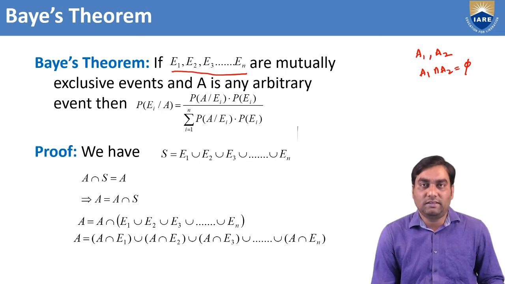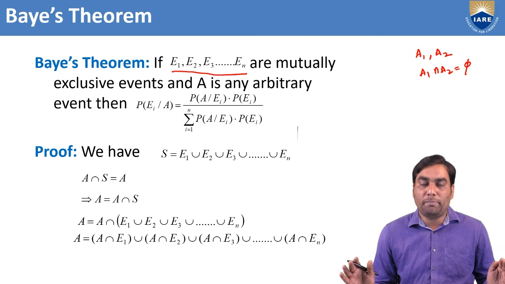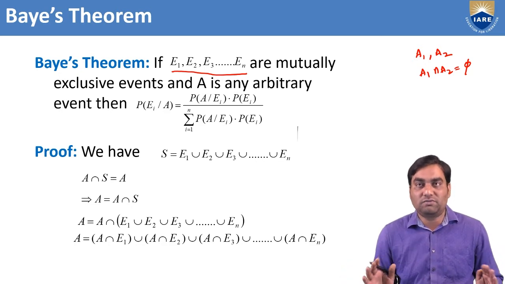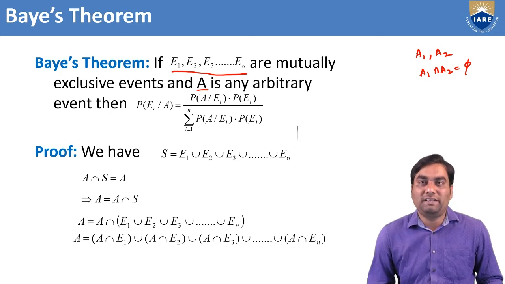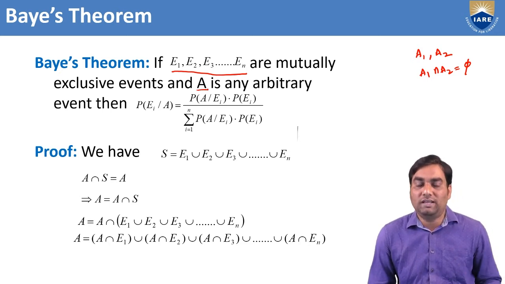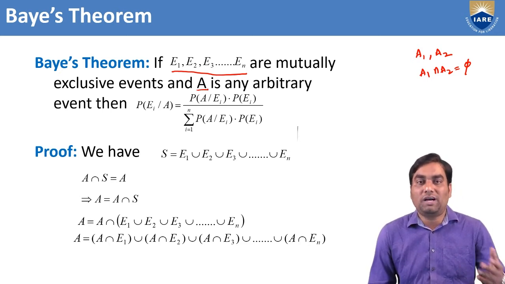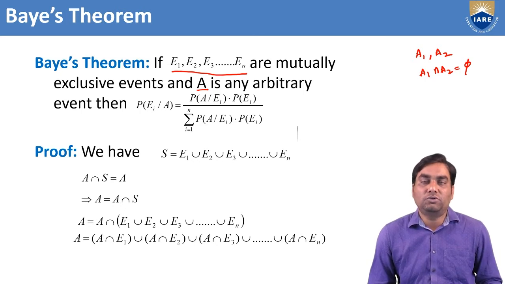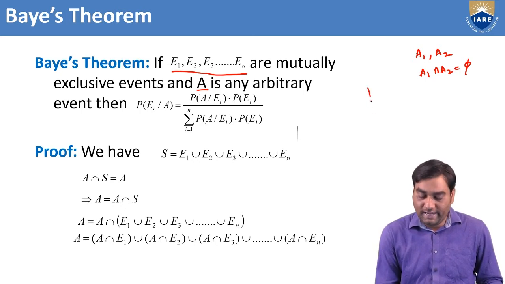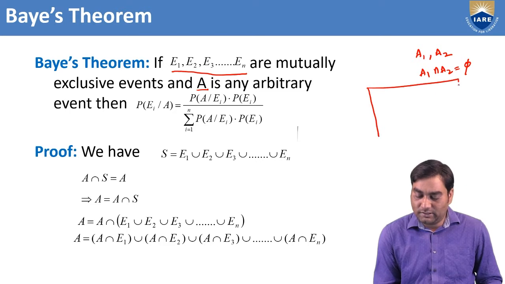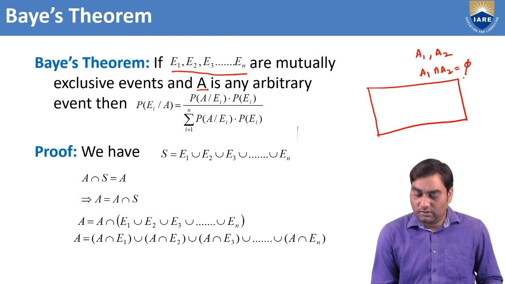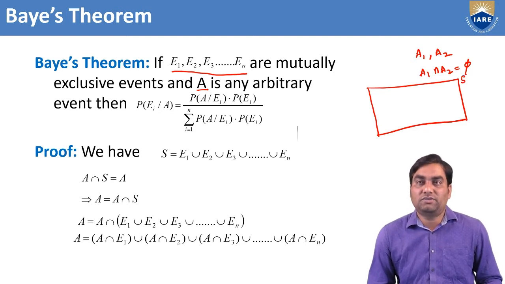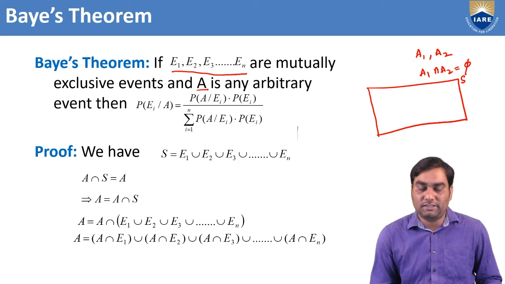exclusive events, that means there is no common point between any two events from E1 to En. And A is any arbitrary event. This is not mutually exclusive to the other events E1 to En. That means if I take any sample space, this is the sample space, assume that any random experiment consists of all the events in this sample space.